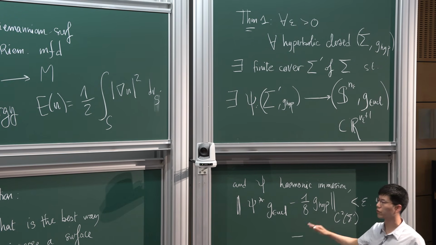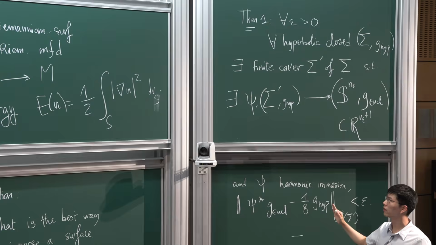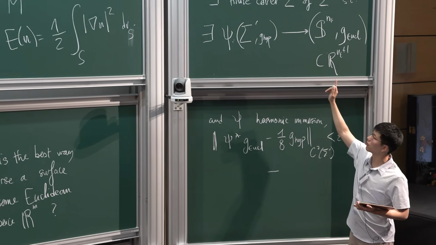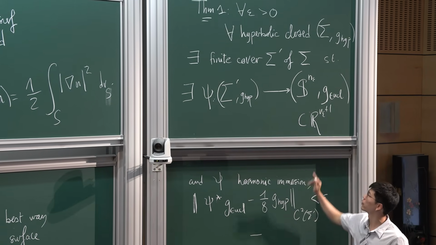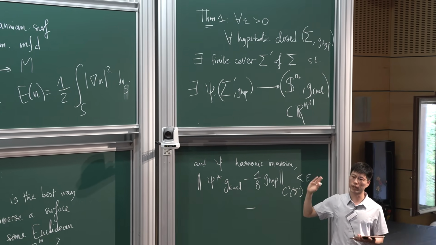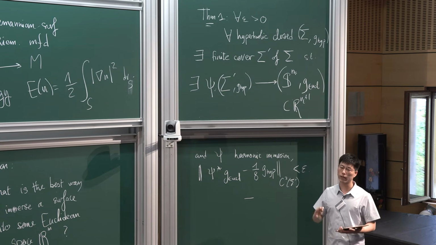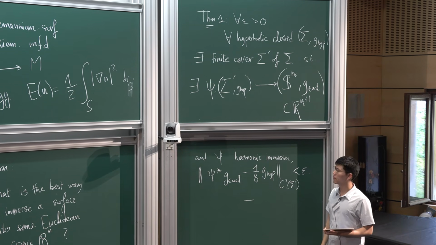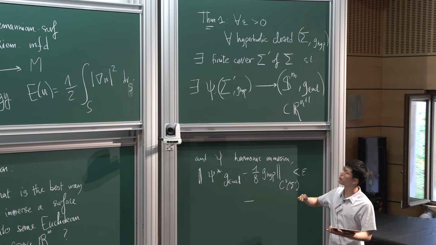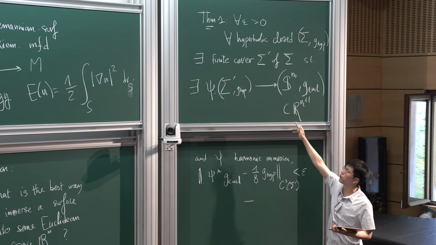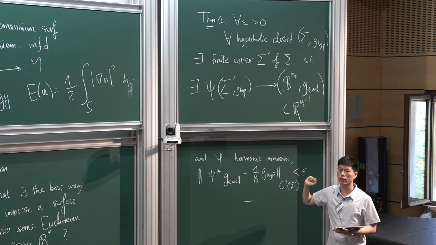Let me say that it's known that both the degree of the finite cover and the dimension of the sphere here have to diverge if epsilon goes to 0. So in particular, if you fix the dimension and you fix the hyperbolic surface, you're never going to have such properties.